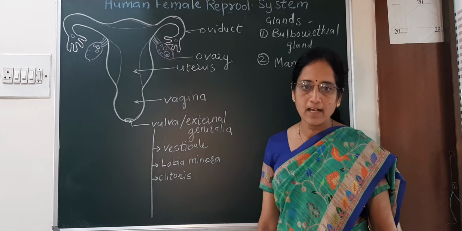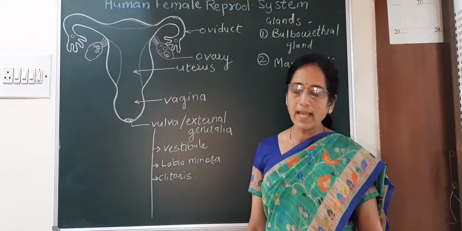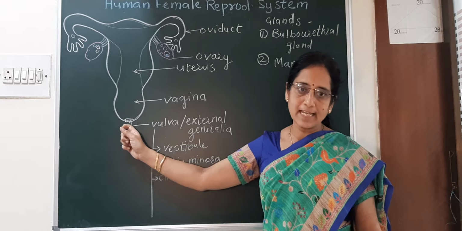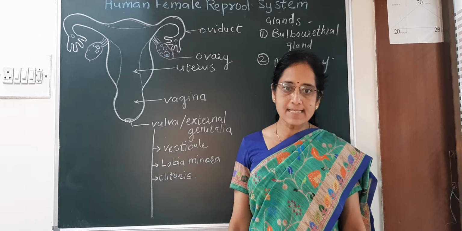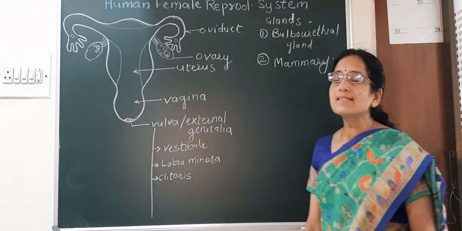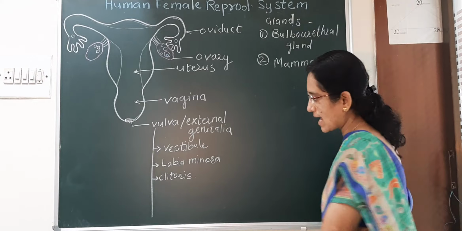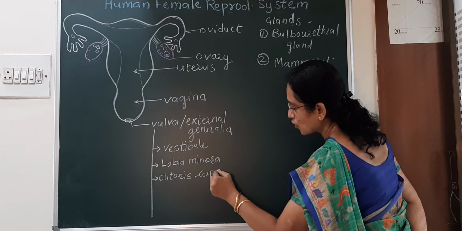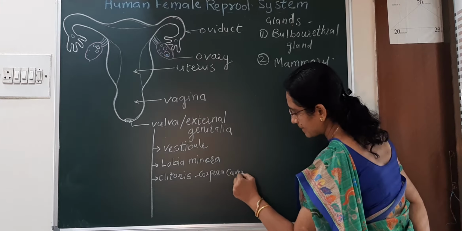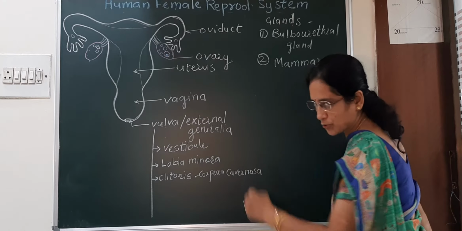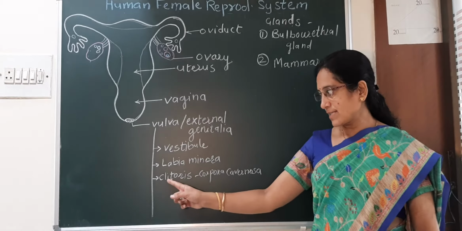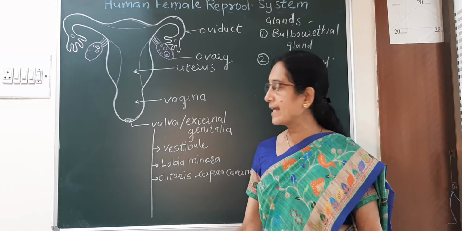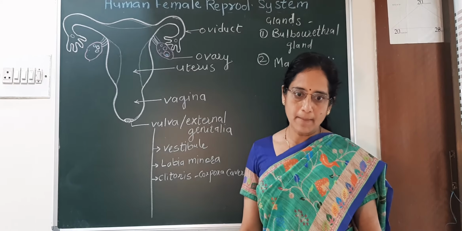It is an erectile and sensitive organ that contains the erectile tissue corpora cavernosa. It is present at the anterior side of the labia minora.